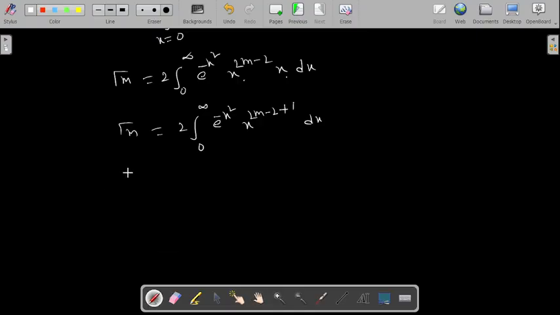So gamma m equals 2 into integral 0 to infinity e power minus x square, x power 2m minus 1 dx.